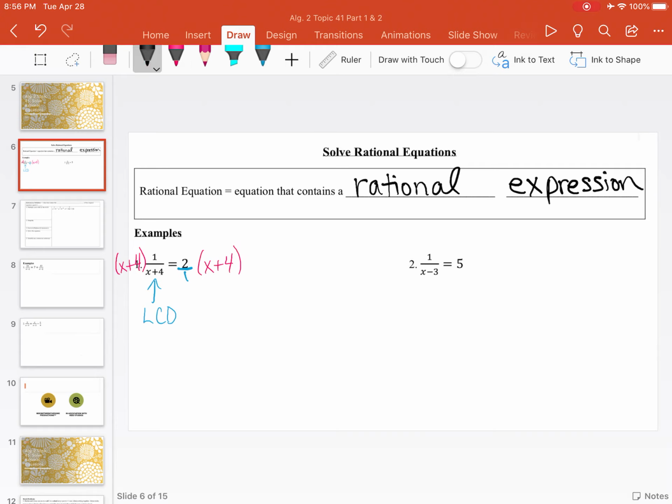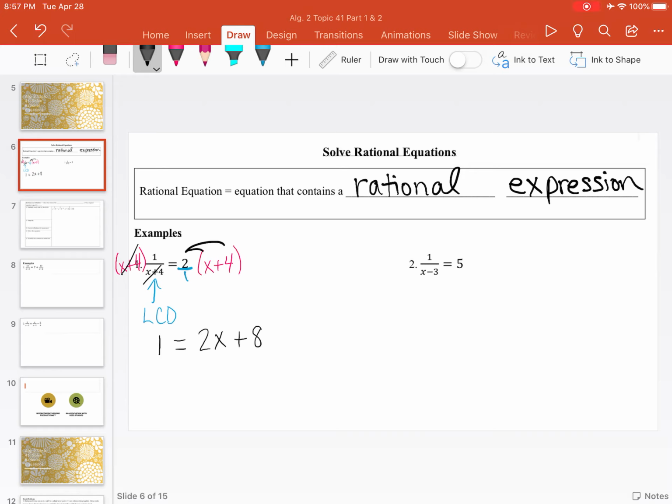On the left-hand side, since we have an x plus 4 in the numerator and 1 in the denominator, it just cancels. So we'd be left with 1 equals 2 times x plus 4. We can apply the distributive property to get 2x plus 8. Now we have this linear equation. It's a two-step equation, so all we have to do is solve for x.